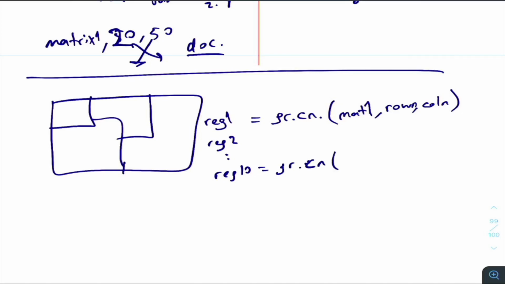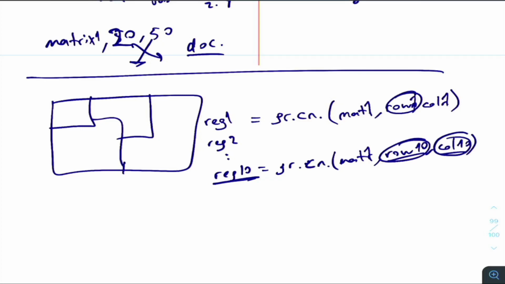The grayconnected function, again the matrix, and of course some point that is inside region 10. That's why I'm going to call row 10 and column 10, okay. You will manually be determining these numbers.